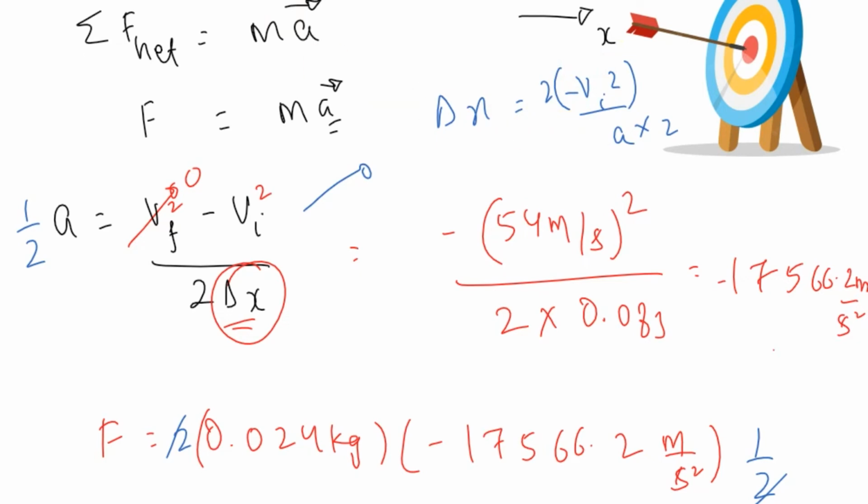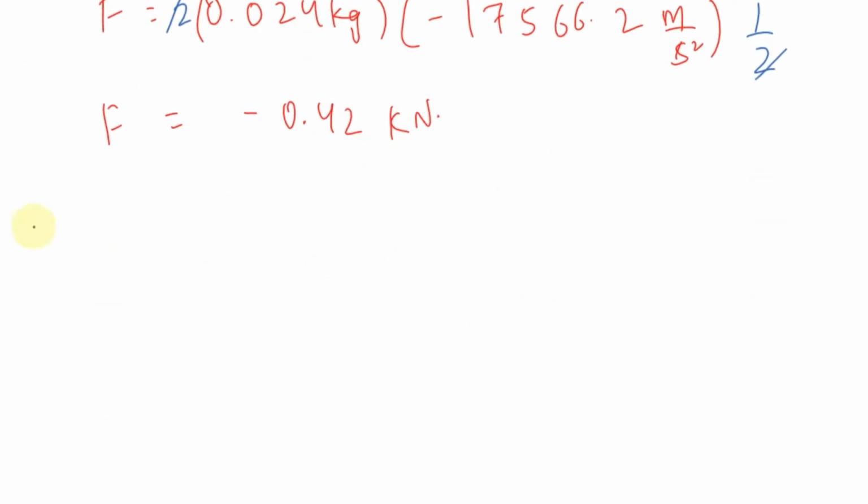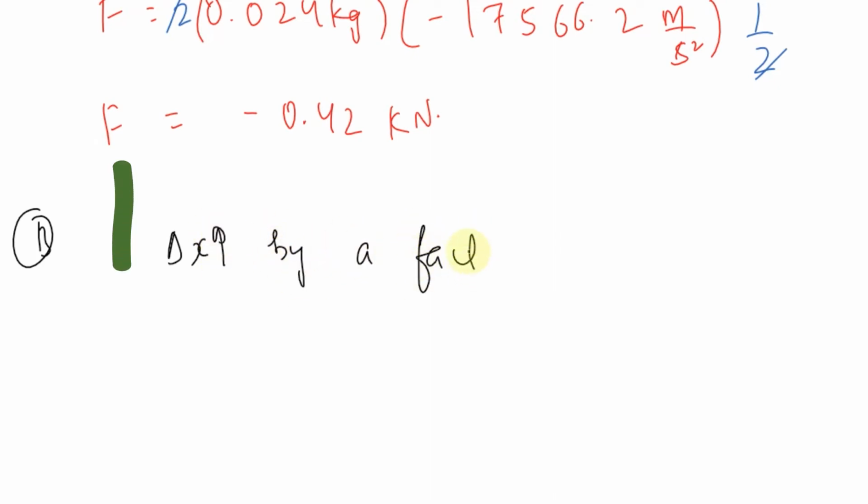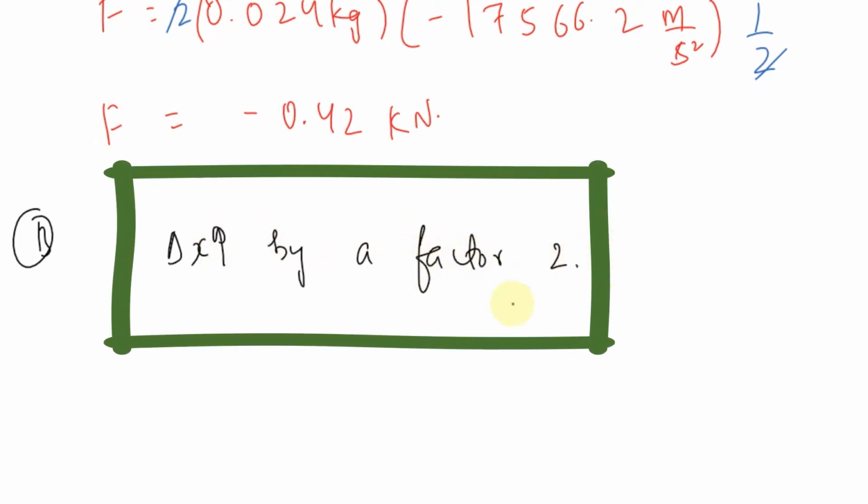If you see this value, this is the initial delta x, and this is the delta x final. So this becomes 2 times the initial value. Therefore, for the B part, the penetration distance increases by a factor of 2. So this will be the answer for the B part.